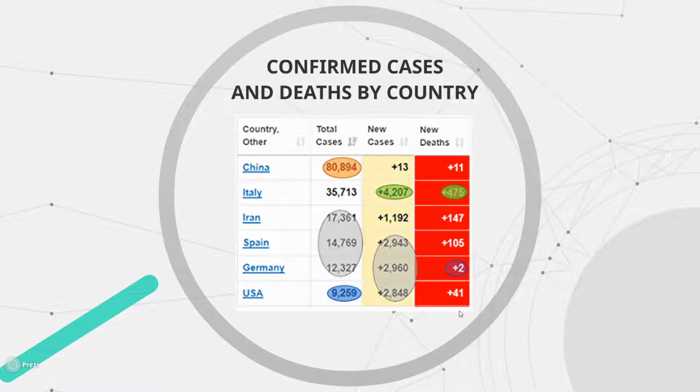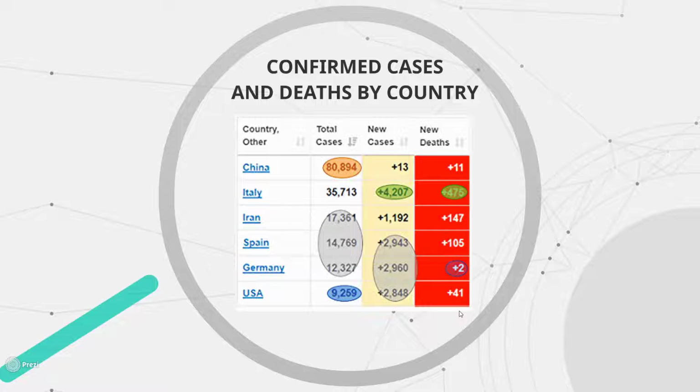The differences are that some countries had massive numbers, but others have smaller numbers. For example, China had the biggest total cases, but Italy had the biggest numbers of new cases and new deaths.